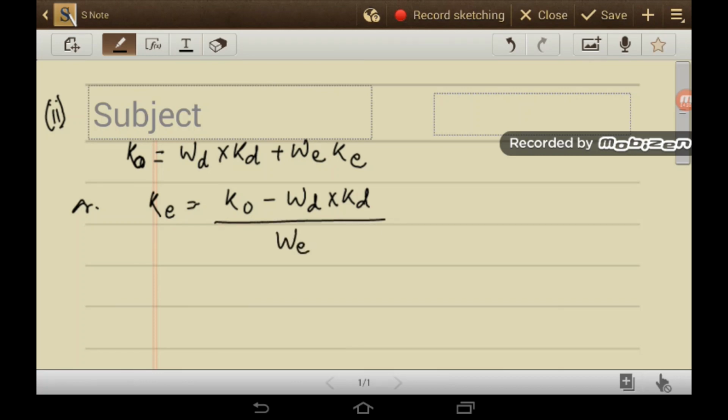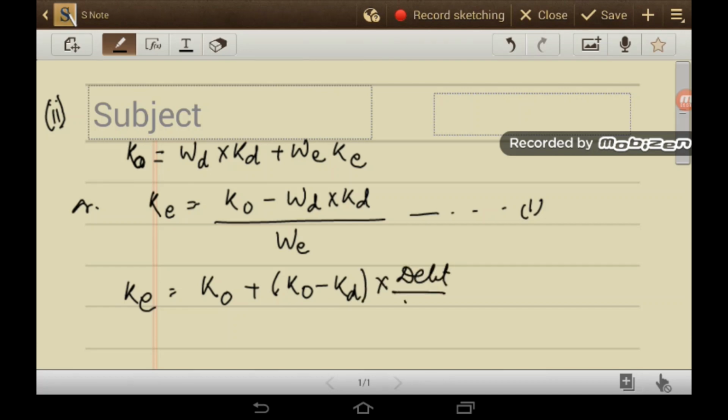This is one way to calculate the cost of equity, and a refined formula that can be used is like this: cost of equity is equal to overall cost of capital, or KO, plus (KO minus KD) into debt by equity, or D by S.